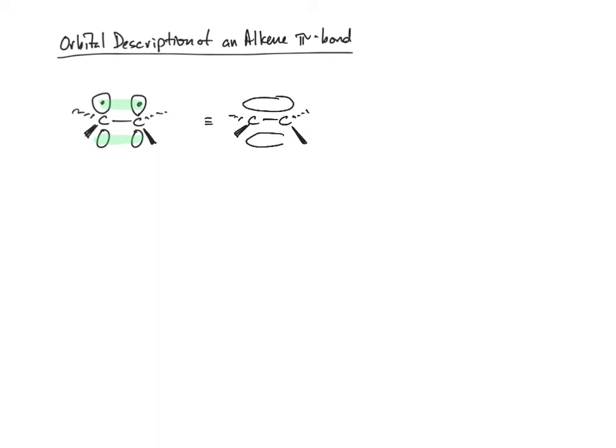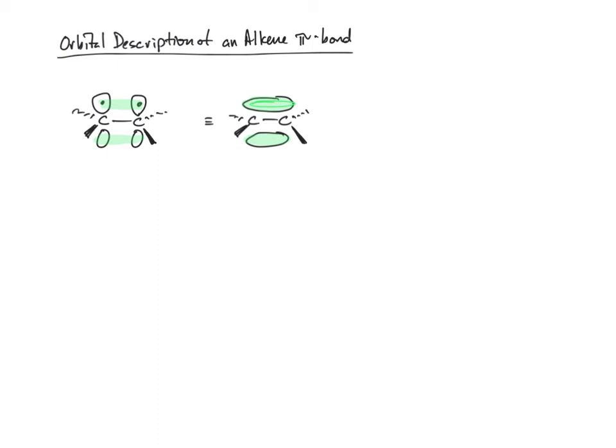These electrons are not localized here, or there, or any sort of combination. They're delocalized above and below as a cloud. So again, an orbital is a region of electron density.